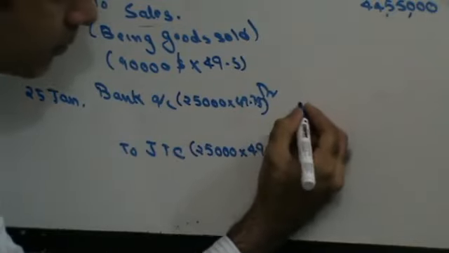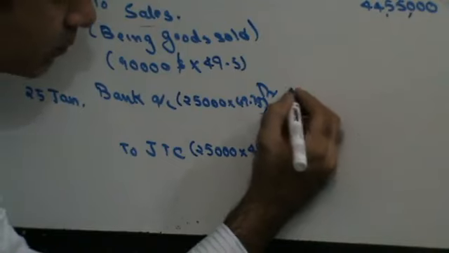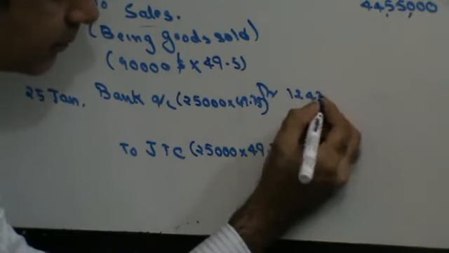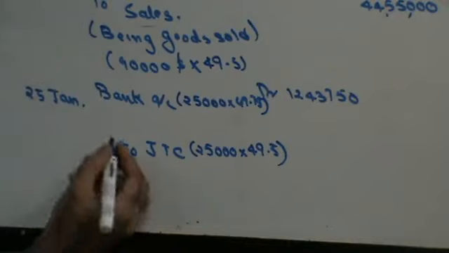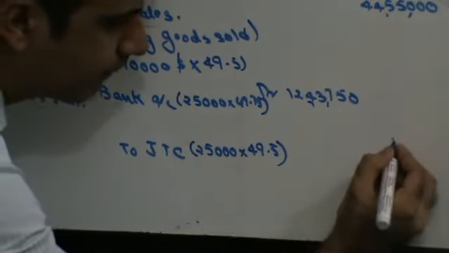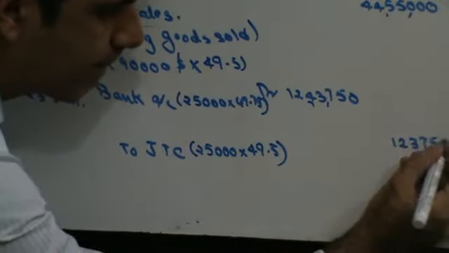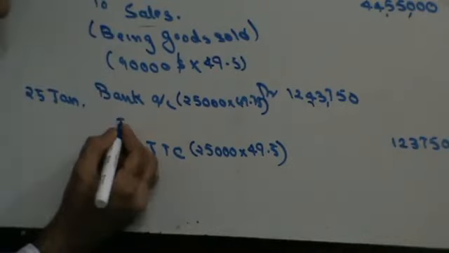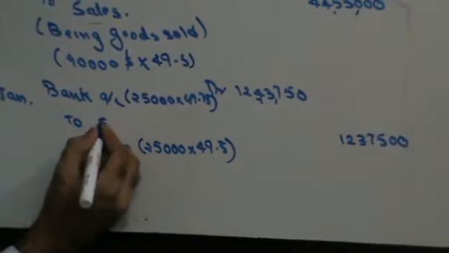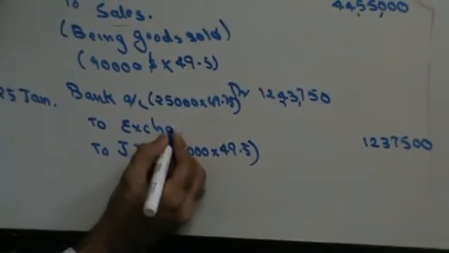Bank is 12 lakh 43,750, and Jerry Trading Company 12 lakh 37,500. Right? So the difference will go on the credit side, being to exchange difference.